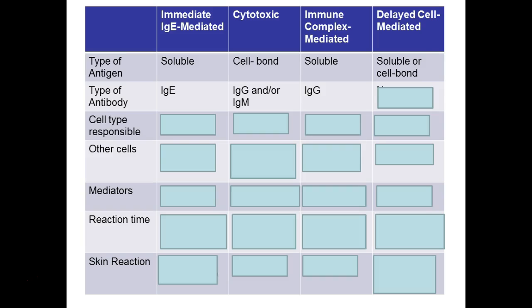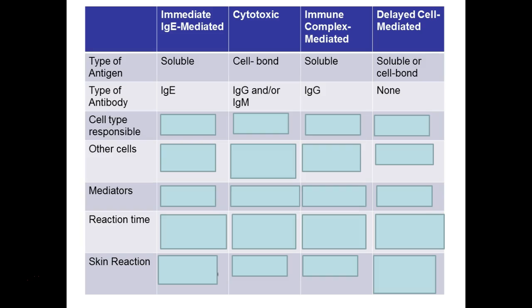Are there any antibodies involved in delayed cell-mediated? No, it's mediated by cells. So there are no antibodies involved in this one. So none. So what cell type is responsible if you're talking about an antibody response? Who produced those antibodies? B cells.